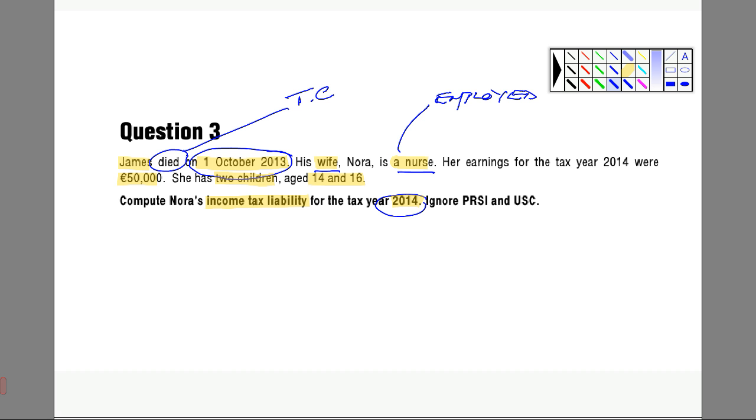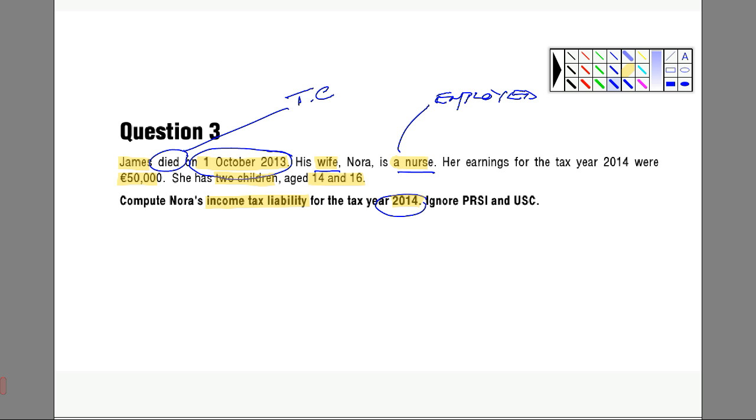So she must be employed. The wording of this question is not quite as straightforward as it would be in a real exam. I would have preferred them to say his wife Nora is employed as a nurse, because then I would have known there's going to be an employee tax credit here, for example.